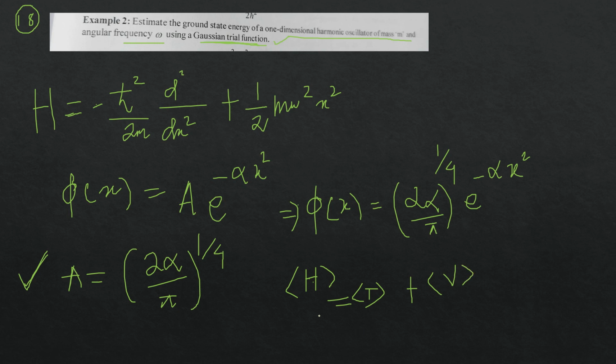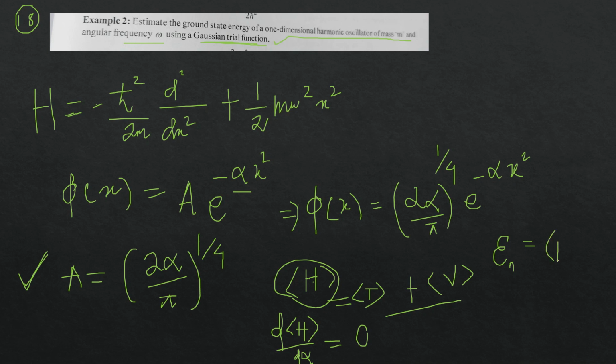Then we will take the derivative of this expectation value of the Hamiltonian with respect to alpha and equate it to 0, from where we will get the minimum value of the Hamiltonian. Whatever alpha value we get, we'll put it back, and we'll get H minimum, which is actually the energy in the ground state. This is the variational principle. If you solve this question, you will understand what I'm saying.